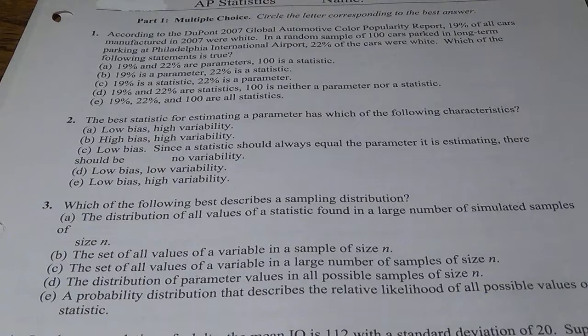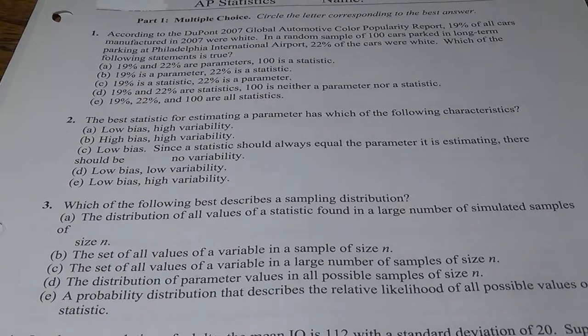The word simulated, it can be simulated, but that's not required. Simulated means drawn by the computer. So let's shy away from that. They do not have to be simulated.